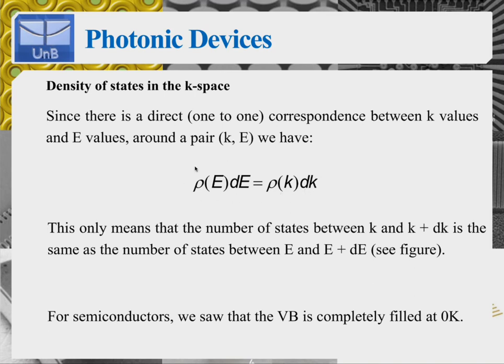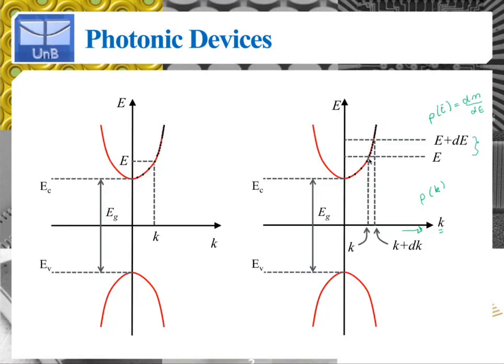So this is the total number of states with energies between E and E plus dE, and this is the total number of states with k values between k and k plus dk. We see that these are the same states. You have the same number of states.